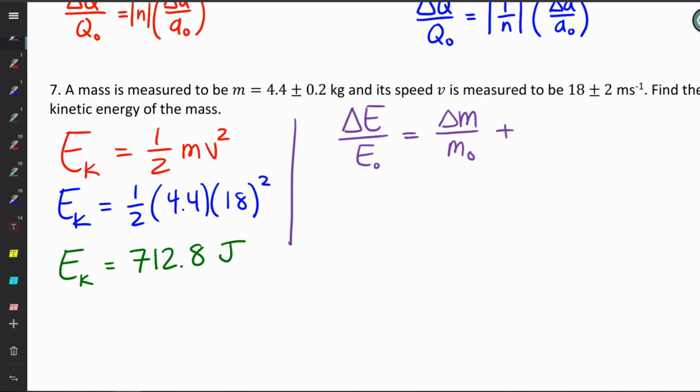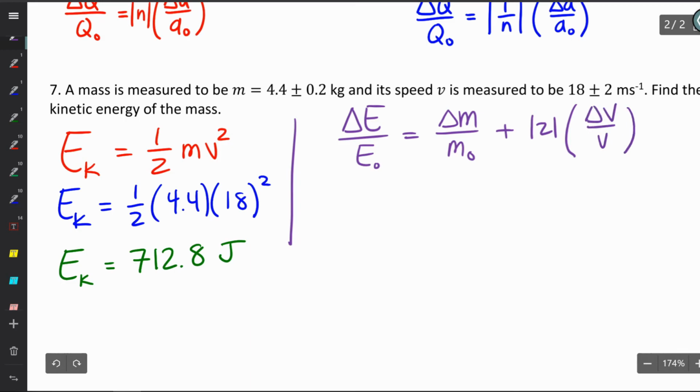But the fractional uncertainty in V squared follows the rule that we just outlined above, which is it's the absolute value of the power times the fractional uncertainty in the quantity.